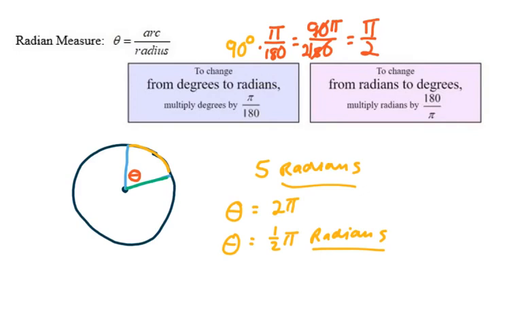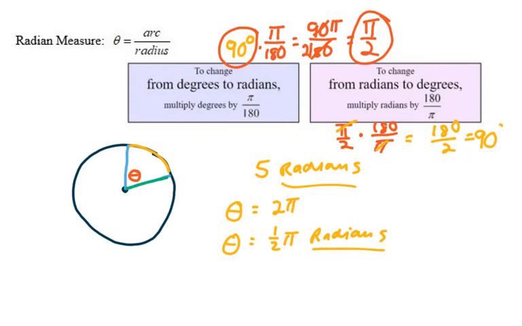So that means that 90 degrees is equal to pi over 2 radians. If I wanted to take my radian measurement of pi over 2 and convert that back to degrees, all I would have to do is multiply that by 180 over pi. So from here, I can cancel out my pi's, and I'm left with 180 over 2, which is equal to 90 degrees.